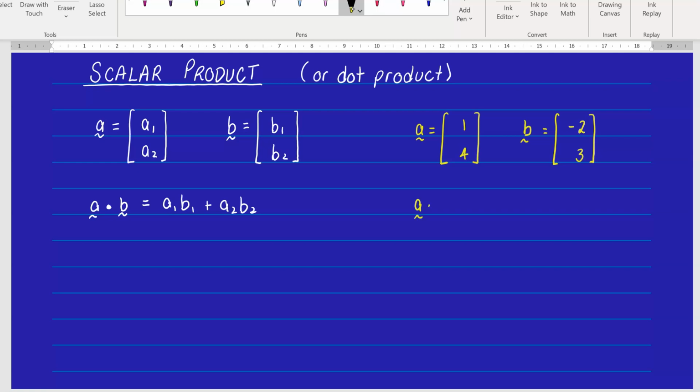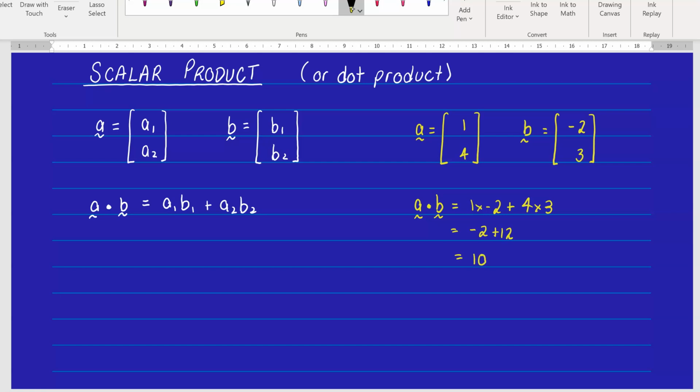So to work out our dot product, it is simply 1 times -2 plus 4 times 3. So -2 plus 12, 10.